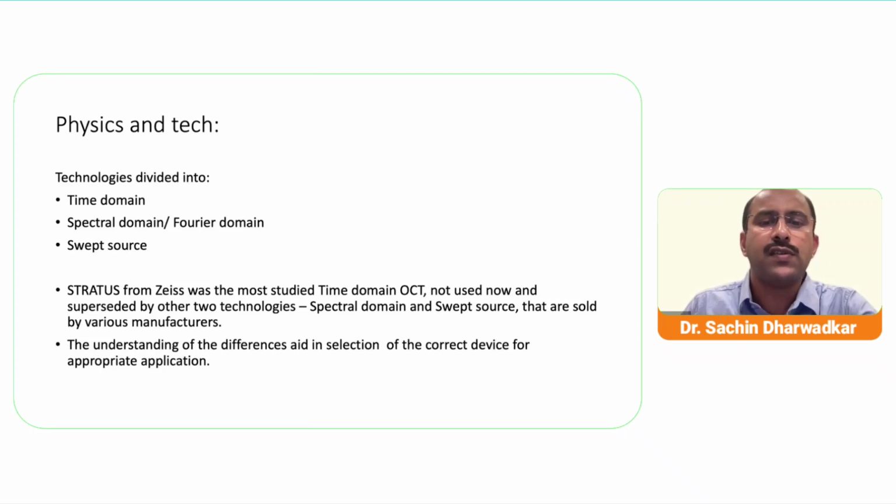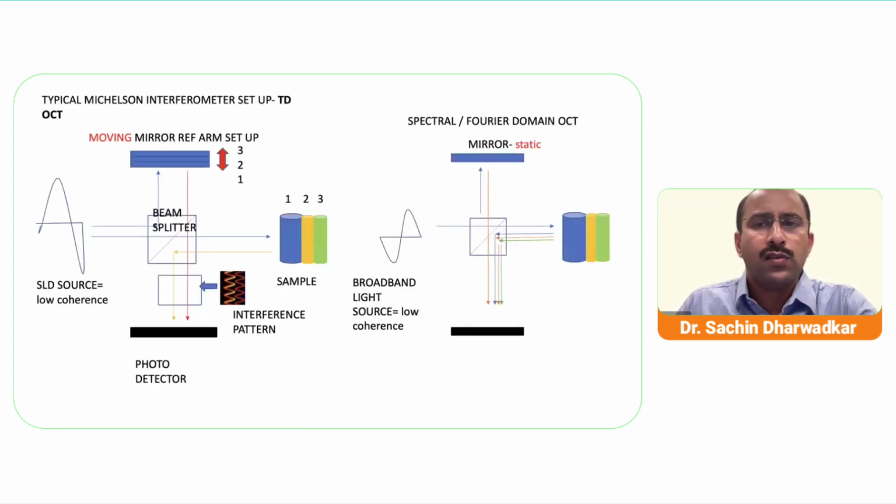The understanding of differences aids in selection of the correct device for the appropriate application in ophthalmology and especially in glaucoma. So if we see the basic difference in structure between the time domain and the spectral domain OCT, the differences are very few.